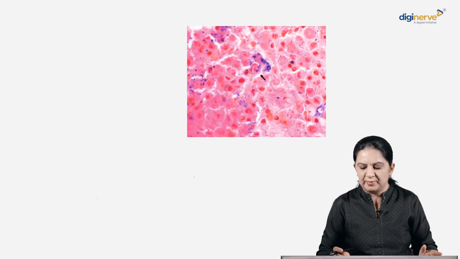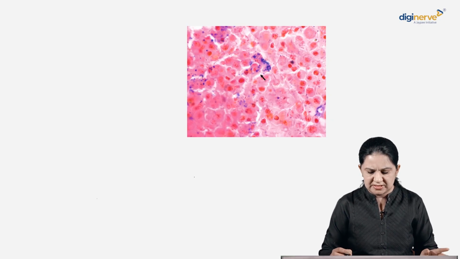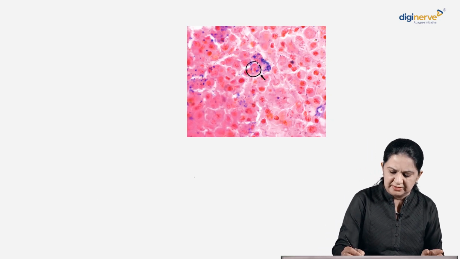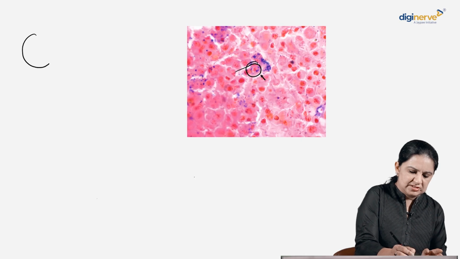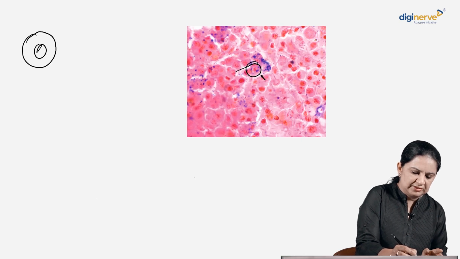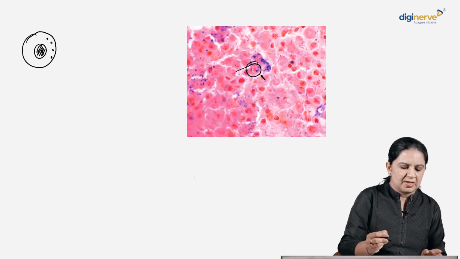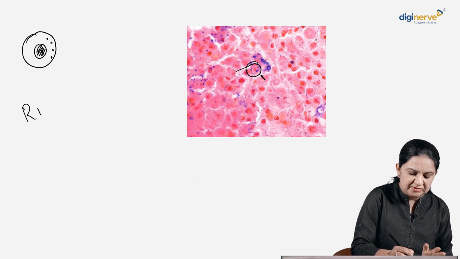In the bone marrow, you will see sideroblasts. See, these are sideroblasts. This is an erythroblast, a nucleated erythroblast. You will see iron granules like this. How will you label it? Ringed sideroblast.